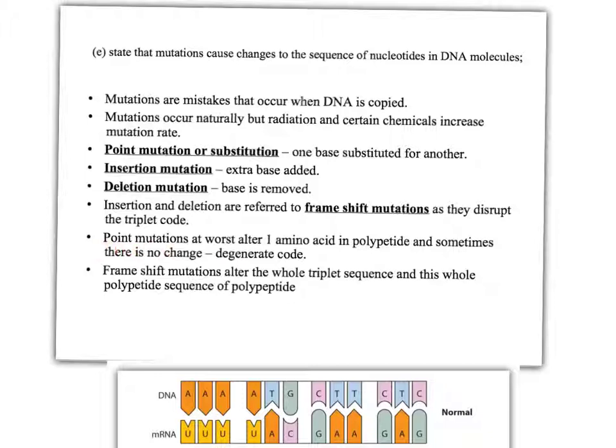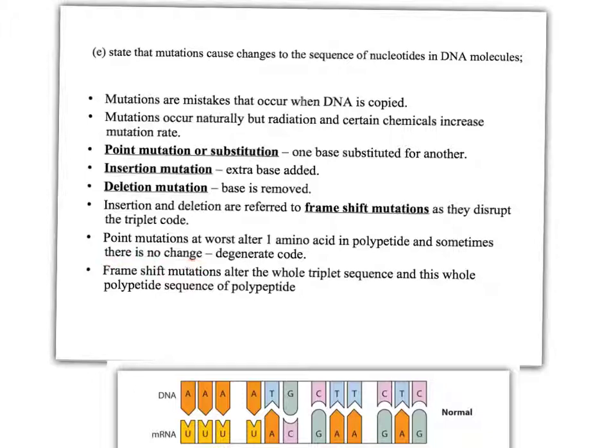Point mutations, which are substitutions, only alter at worst one amino acid, but sometimes it doesn't even alter the amino acid at all. If you remember when we looked at the idea of the degenerate code, the triplet codes that are shared for the same amino acid are similar.